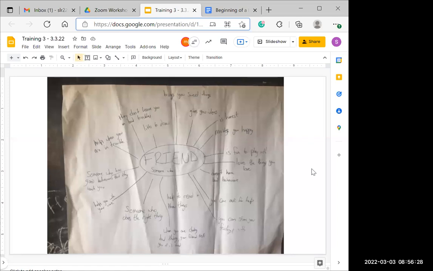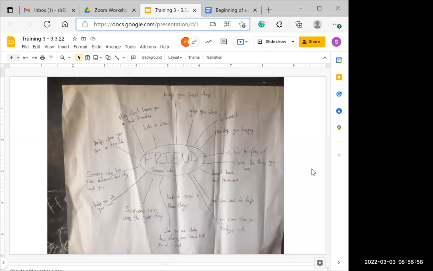Then we write what all the students said, one word or 2 words. This is good to use because when you have a table or somewhere you can put this paper, the students still remember the words, still remember the story.